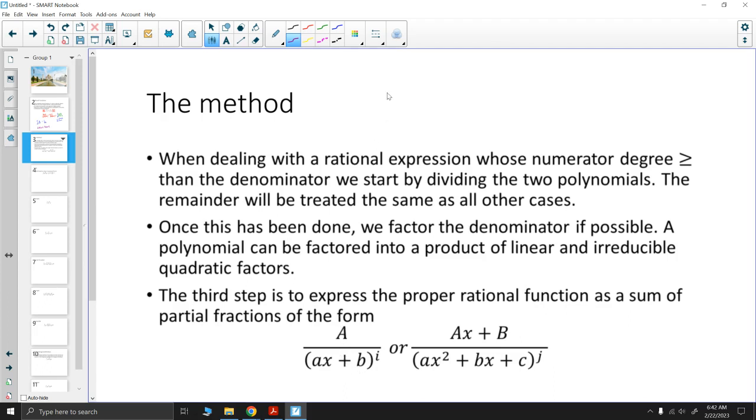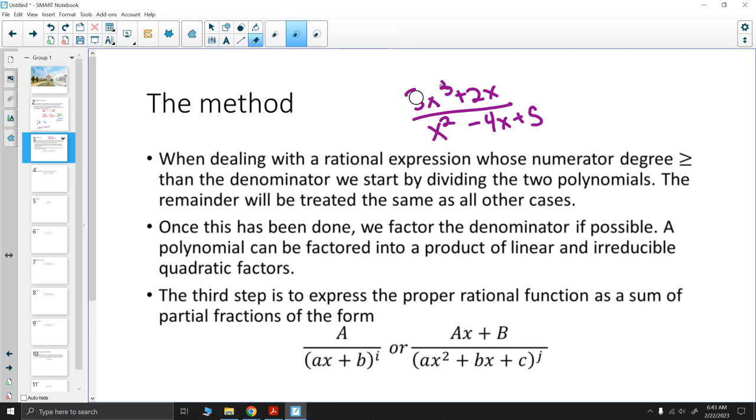What I mean by that is if we had something like 3x squared plus 2x over x squared minus 4x plus 5, these degrees are the same, so we'd have to start by dividing. If this was a cubed, this degree is bigger, so we'd have to start by dividing. But if this was something like this, where we have just an x on the top, the degree is smaller, so we don't have to start with dividing. Okay, so that's the first step.